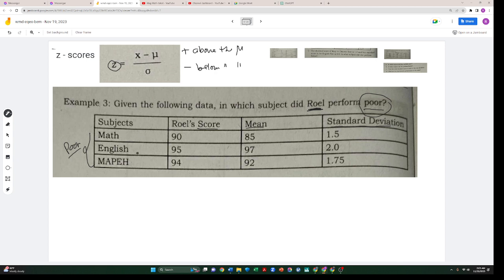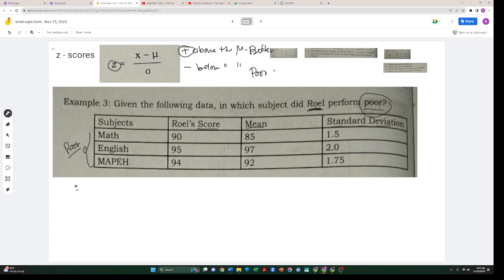Okay? So, the more mo taas ang z, therefore, mas better. Better yung performance. Kung the more is negative, nagapalayo sa mean, which is poor ang iyahang performance. Okay? So, let's start. Isa-isa natin yung next solve.